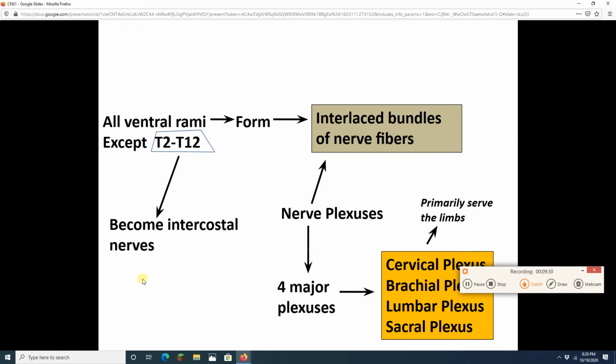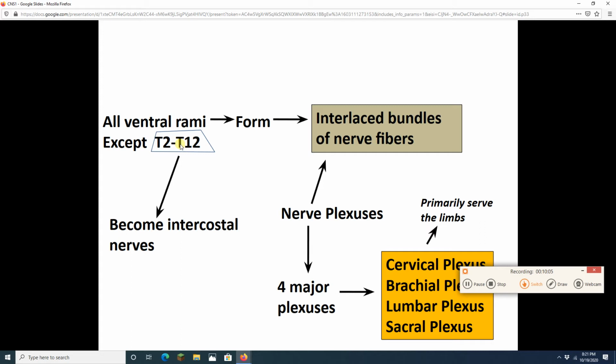All right, now what we're going to do is talk about what happens to those ventral rami. Earlier we said ventral rami go to the anterior trunk and to the limbs. All right, the ventral rami, almost all of them do the same thing, except for a group from T2 to T12, so 11 of them. When I say T2 to T12, I'm referring to those ventral rami from those spinal cord segments and those spinal nerves.